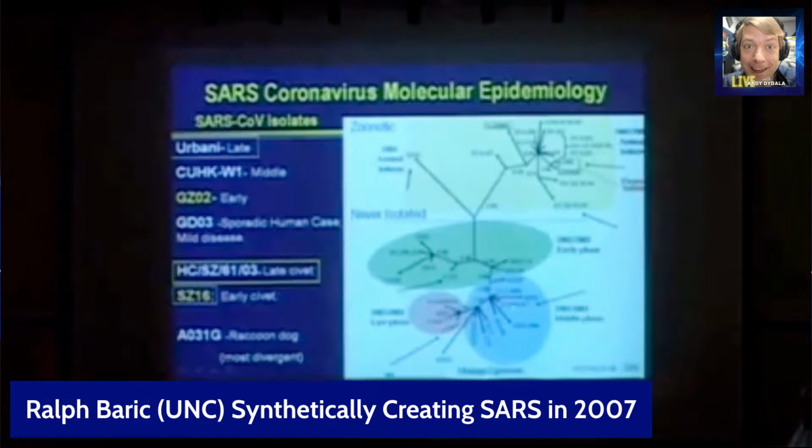Middle phase isolates were CUHKW1, GZO2 was an early phase isolate, animal isolates like from civets, SC16 and HCSC6103, a raccoon dog isolate, which is shown down here, the sporadic 2004 human case, GDO3, and a couple of other viruses. Sequences were identified as good candidates that would capture all the diversity that had been identified within the sequence pool.